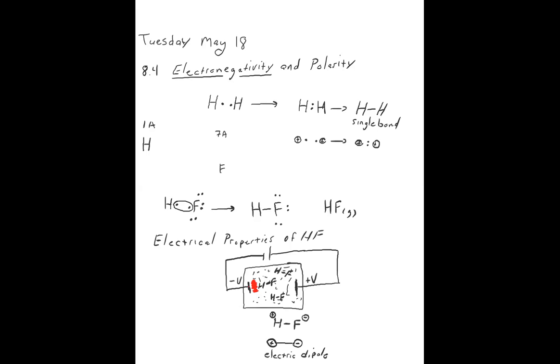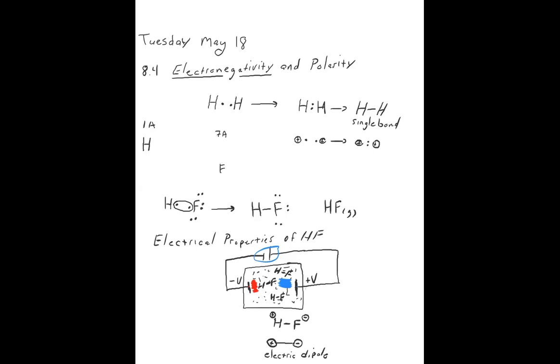On the other hand, the fluorine atoms, because they have a negative end, are going to be attracted to the positive potential. And if you were to change the voltage, like if you were just to flip this power supply around, just change where you're connecting the wires, make it the opposite, you would find that the molecules on average would flip as well. They would change their orientations so that the hydrogens are attracted to the negative voltage and the fluorines are attracted to the positive voltage, okay? So that's sort of a simple explanation of this thing.